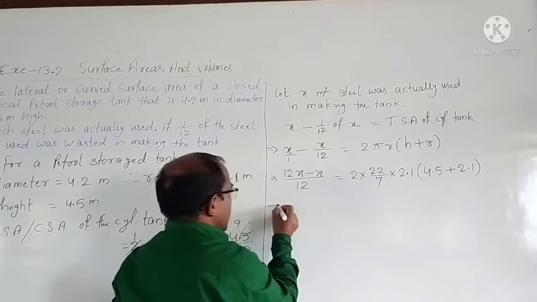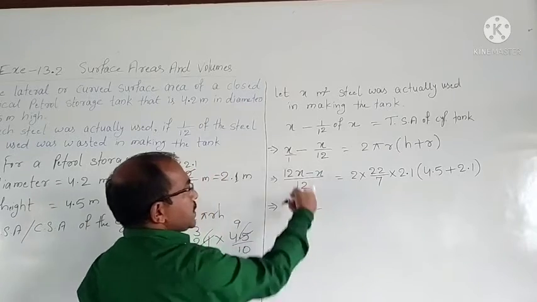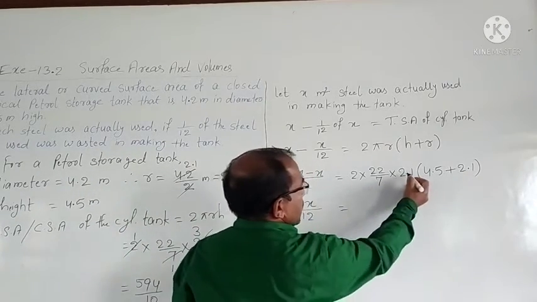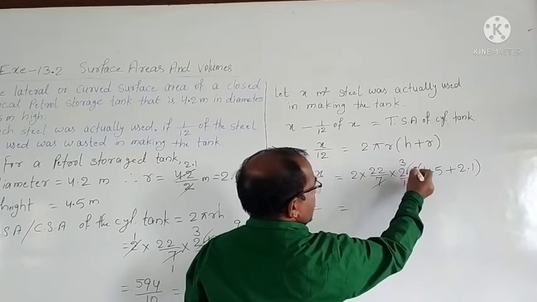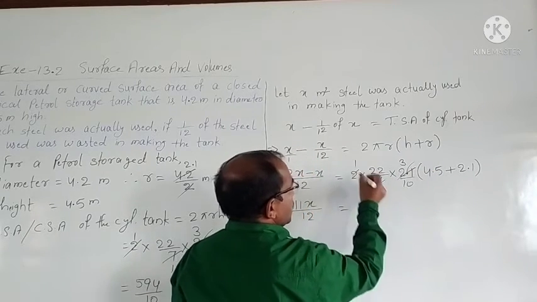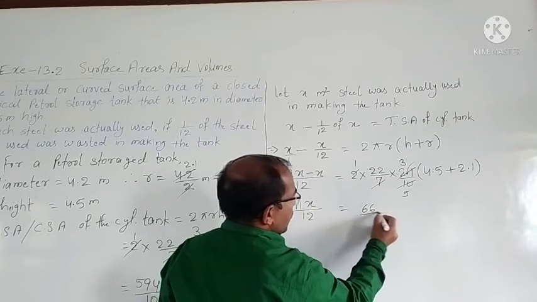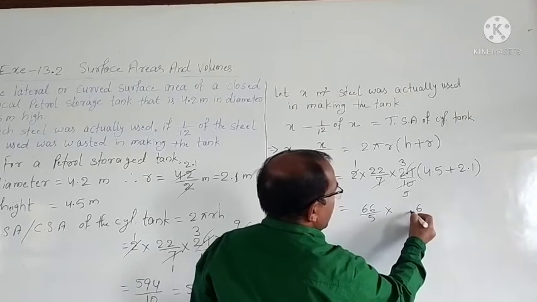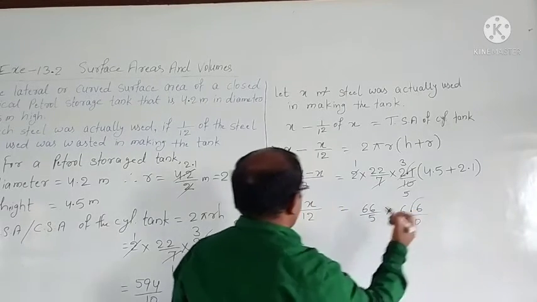So here also we get very simple work. Just go on referring to the previous step and you will be able to do the new step. Remove the decimal, we get 10. 7 ones are 7, 7 threes are 21, 22 into 3 is 66 by 5 into 5, and 4.5 plus 2.1 is 6.6. So remove this decimal also, it will be by 10.